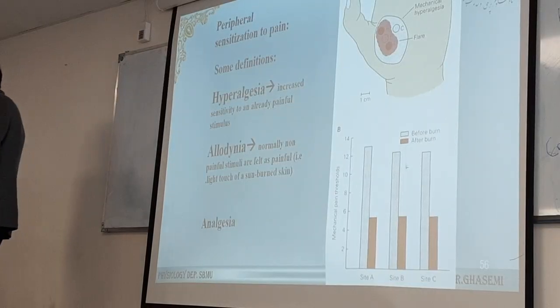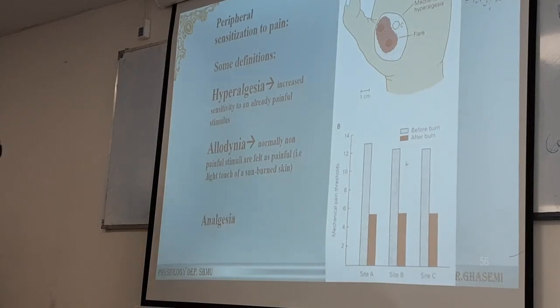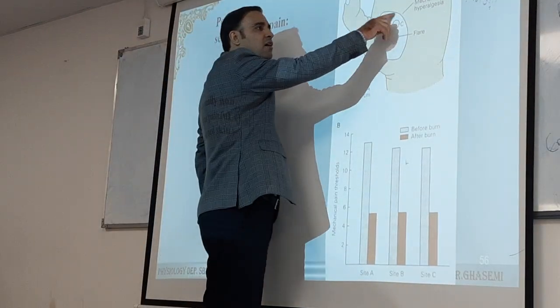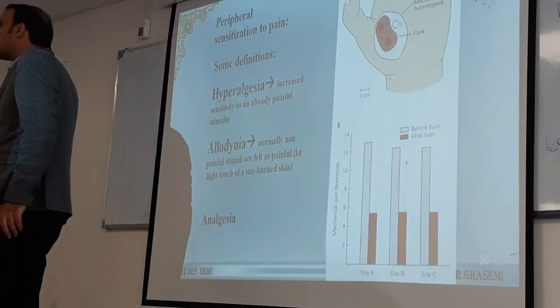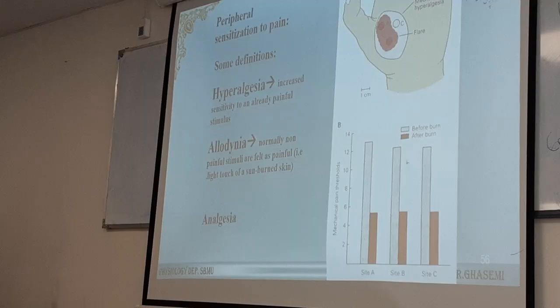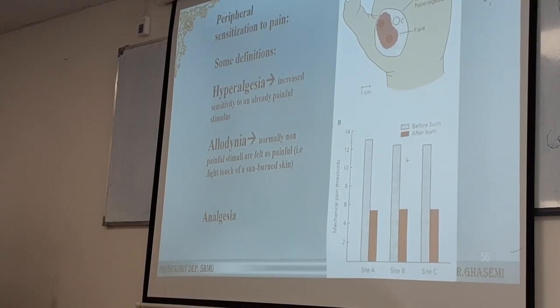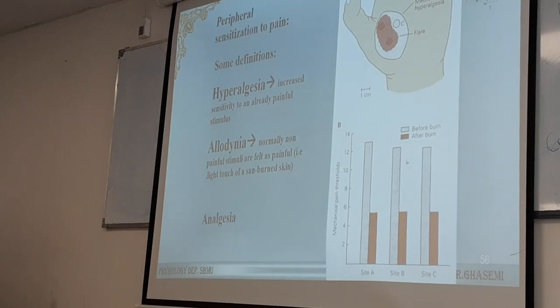What about allodynia? Allodynia is another thing. Allodynia means when the skin is sensitive, because of the release of chemicals in this area, sometimes the pain receptors are so sensitive that even without any damage, without release of any damage-associated molecules, it generates pain.